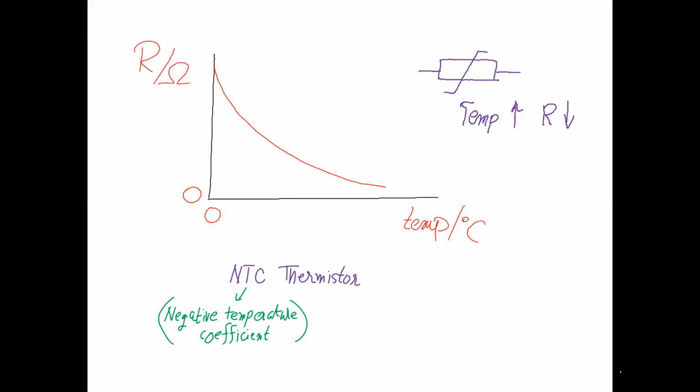Thermistor has a symbol. When temperature increases, resistance decreases. Okay, sir, done. Copying this also.